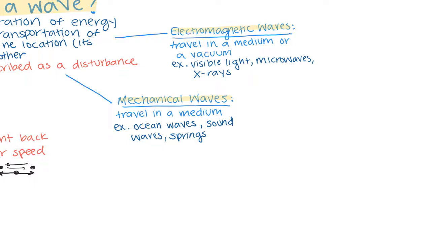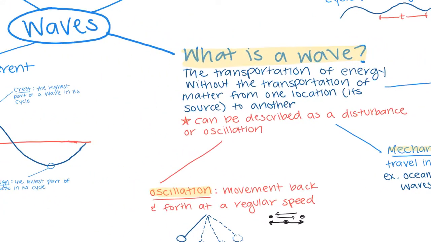So space does not have any sort of material in it, unless you are on a planet, unless you're in a spaceship, right? So this is an example of an electromagnetic wave. It can travel either in a medium, on Earth, through air, through water, or it can travel in a vacuum in space.